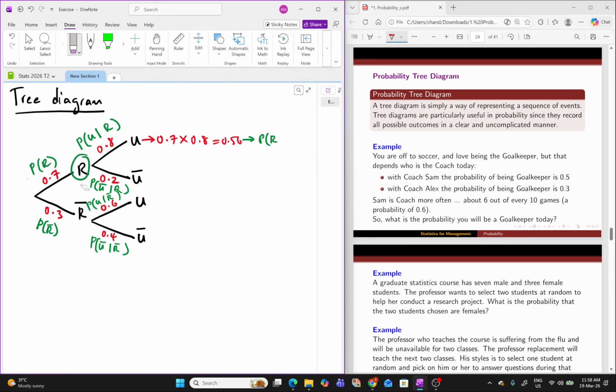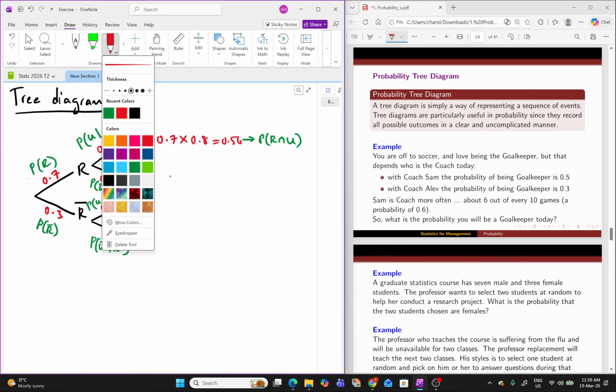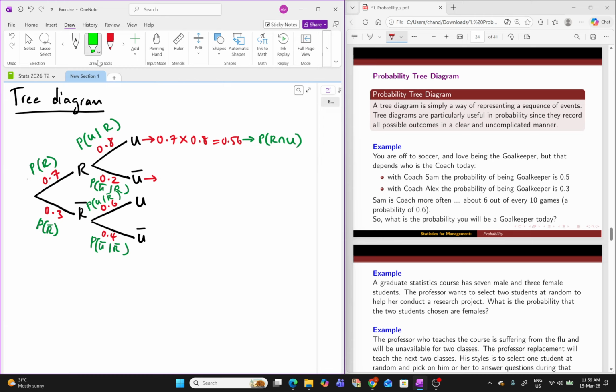R and U. "And" means this one, I told you just now. So this is how you remember. This notation is the single notation R, 0.8 is conditional, and if you multiply by going along the branch, you will get the joint probability. How about here? You go by branch, what do you get? 0.7 times 0.2, you get 0.14.